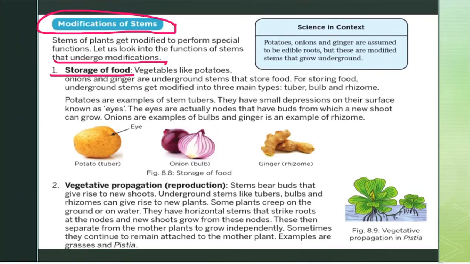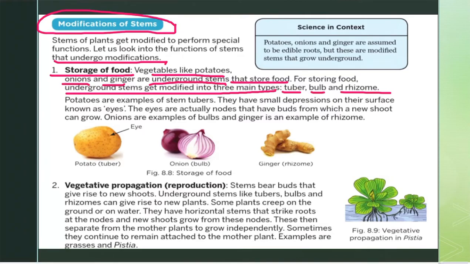Now vegetables like potatoes, onions and ginger are basically underground stems and they store food. So for storing food, underground stems get modified into three main types, that is tuber, bulb and rhizome.